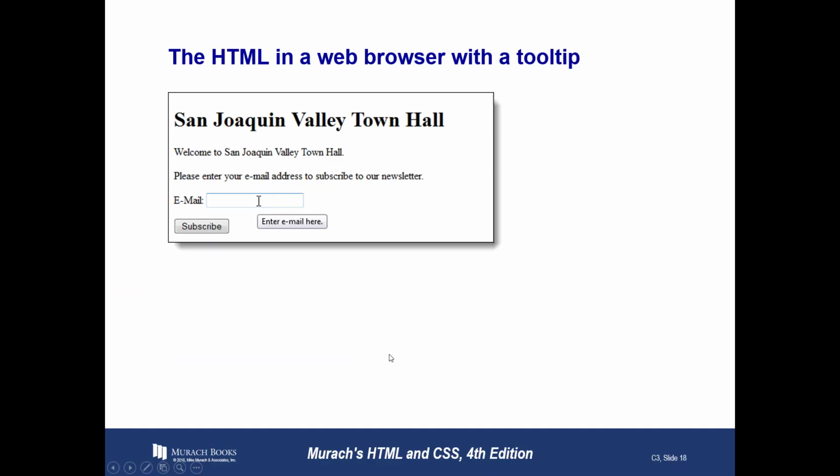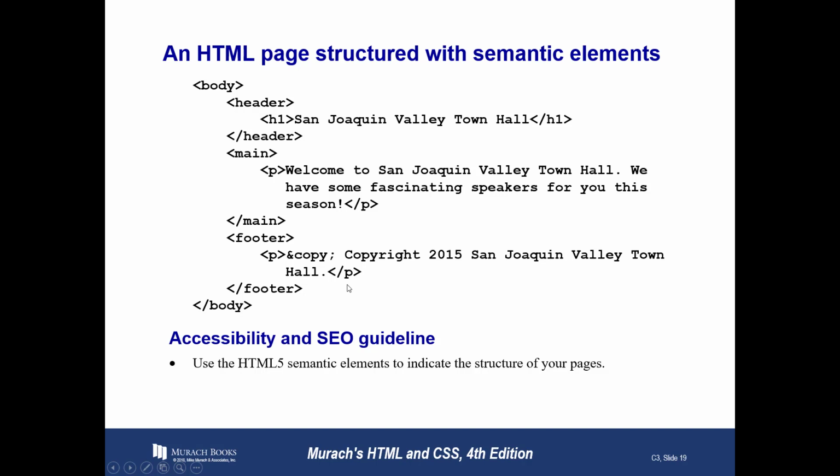All right. This is a tooltip. A tooltip happens when you take your cursor and you put it over something. I don't even see where the tooltip is right here. It says an HTML page structured with semantic elements. This is what we'll get into.